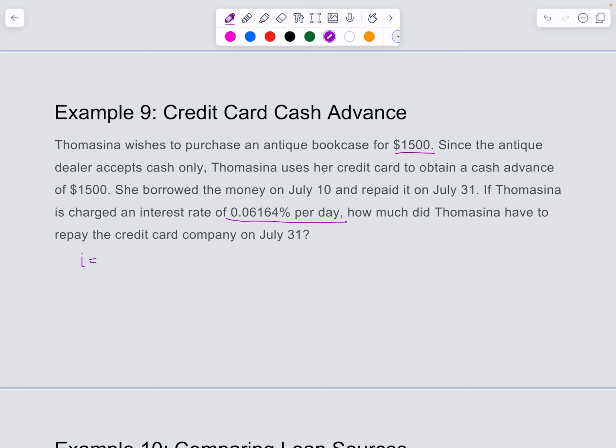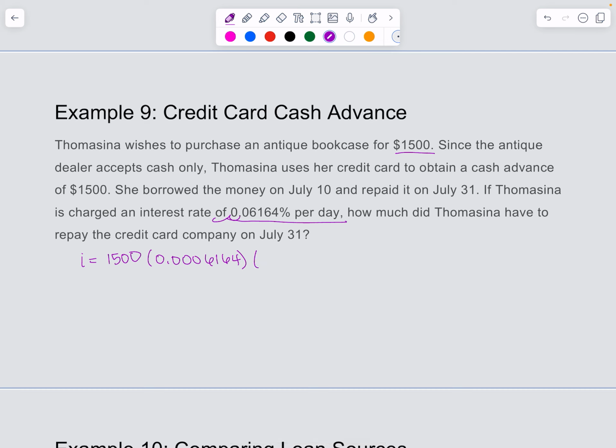So our principal, $1,500. Our rate, we move our decimal twice, 1, 2. Okay, count your zeros carefully again. 0, 0, 0. Yeah, 3. 6, 1, 6, 4. And the number of days.